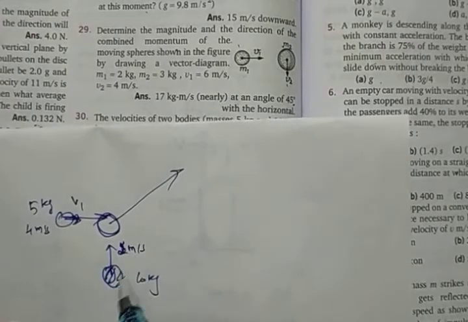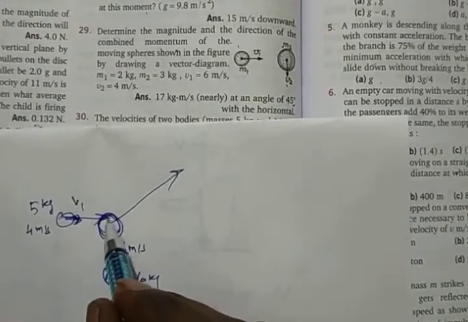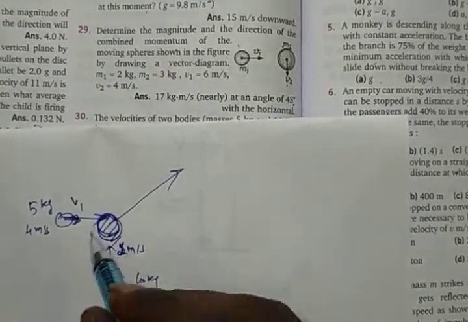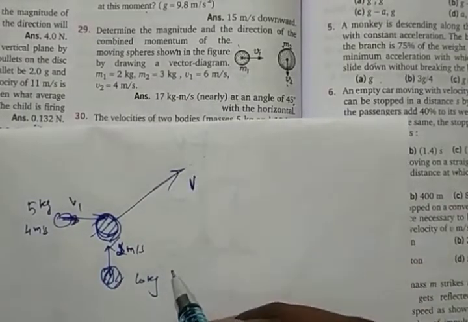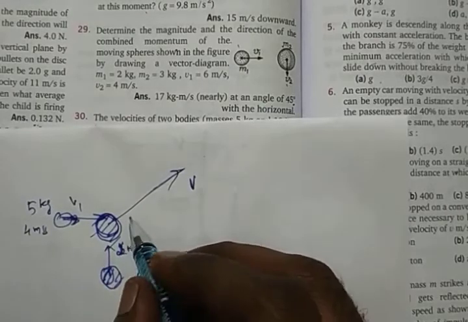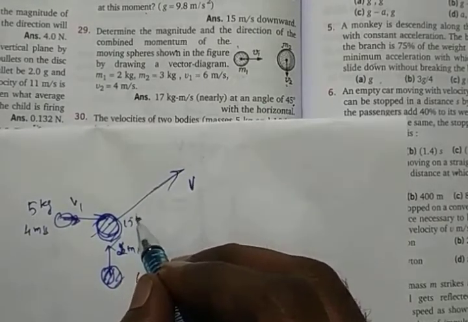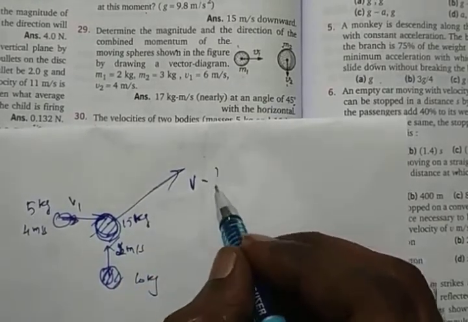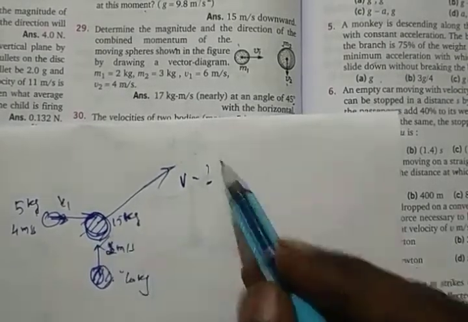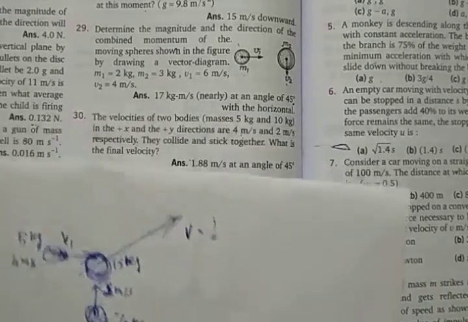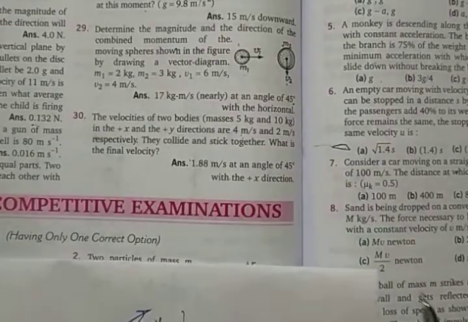They hit together and become a single big body going in this direction. Its mass is going to be 15 kg, and we need to find the final velocity. So you can try this one and get the answer.